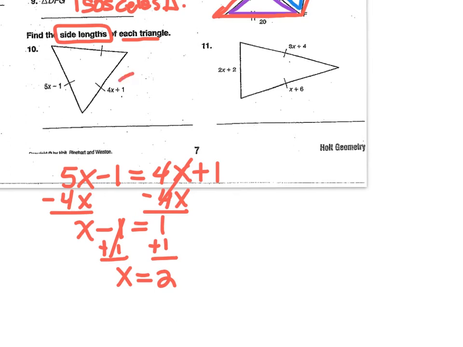Now here they want the side lengths, which means go back and substitute that. When I substitute x equal to 2, that would be 4 times 2 plus 1, that is 9. So this is 9, 9, and 9. So the side lengths, they're all 9.